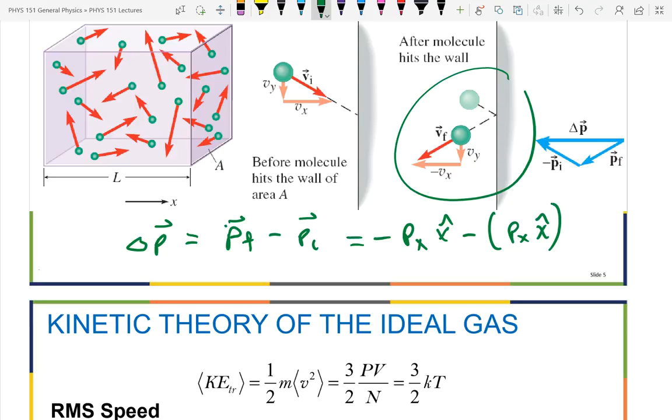All that can change is its direction. So if we have an elastic collision, the momentum magnitude in the x direction is the same. Its direction is just flipped from positive to negative. So the change in momentum is equal to 2 px in the minus x hat direction.